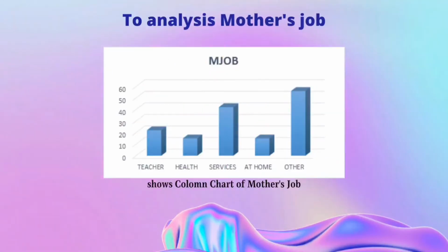These figures show the students' mothers' jobs in the Portuguese language course that answered the survey. It shows that the majority of the mothers took other jobs, which is 37%, consisting of 56 people. Next is 42 people, forming 28% of mothers that took a service job.